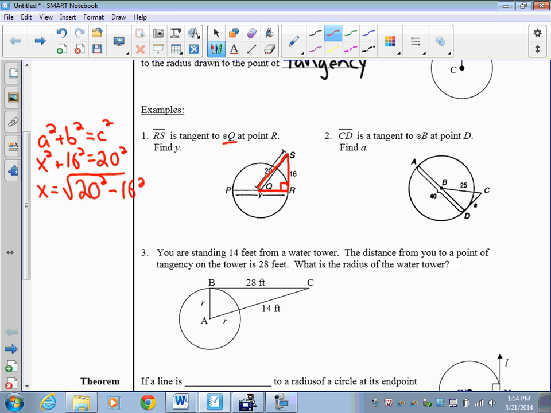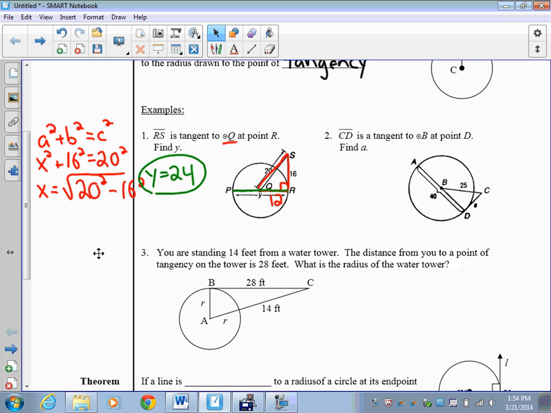So that means this part is equal to 12. Well, we're asked to solve for y. The radius of this circle is 12. Y is the diameter. So that's just going to be 24. It's going to be double the radius.